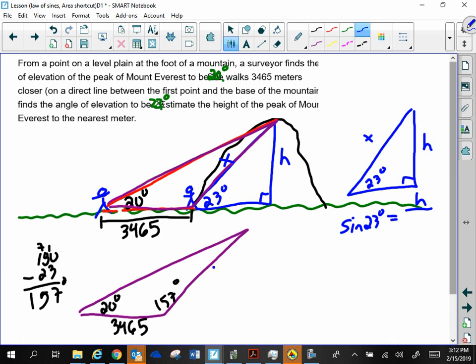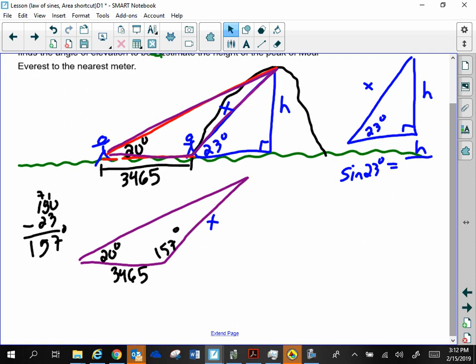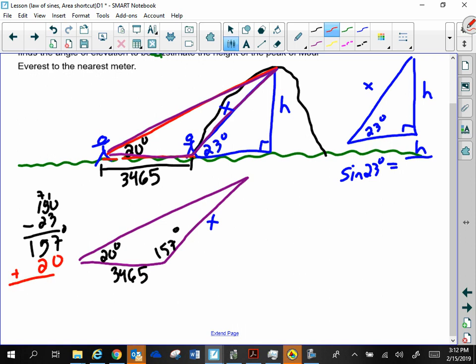In order to use the law of sines, I would need to have a set ratio, and I don't see any set ratios at this point. So I'm going to take these two angles and add them together.